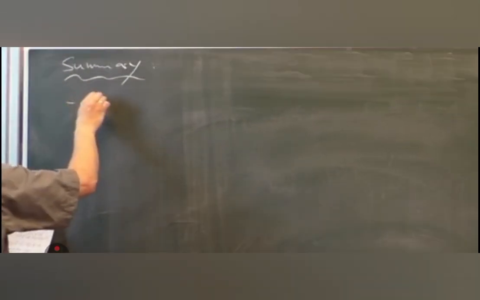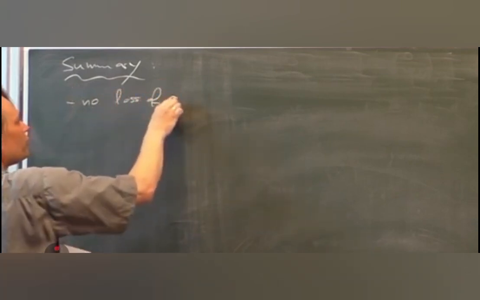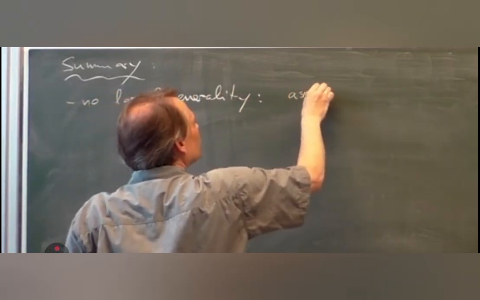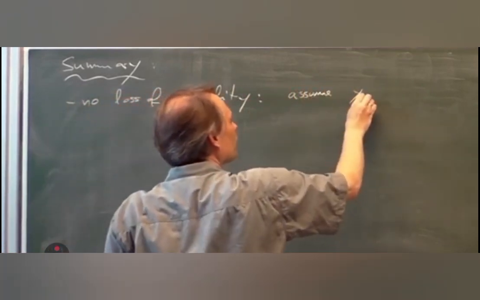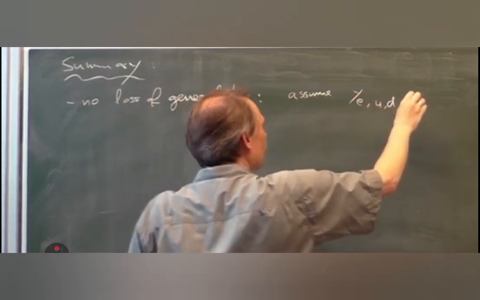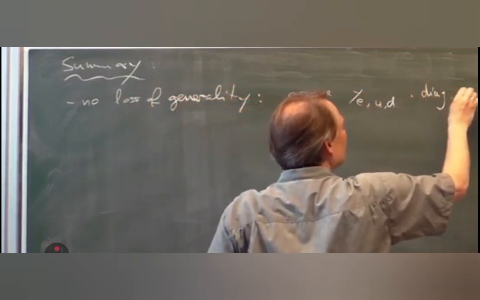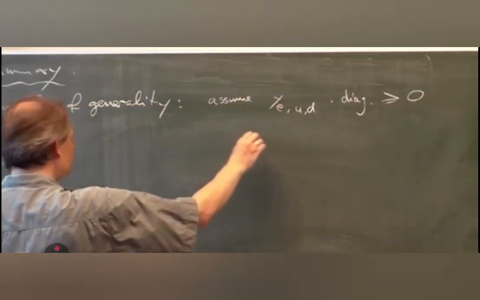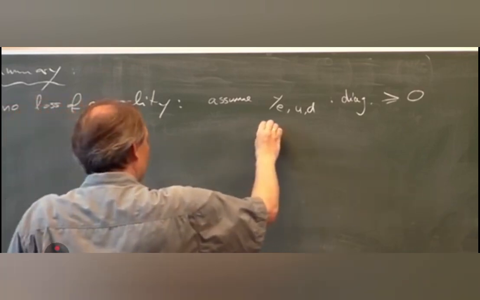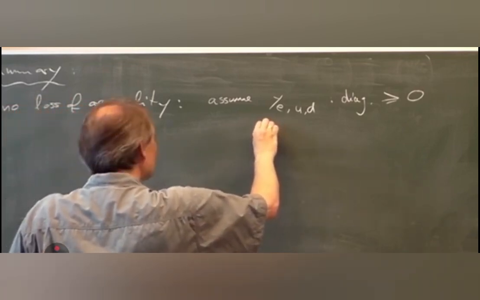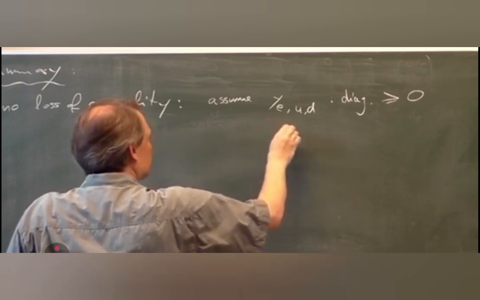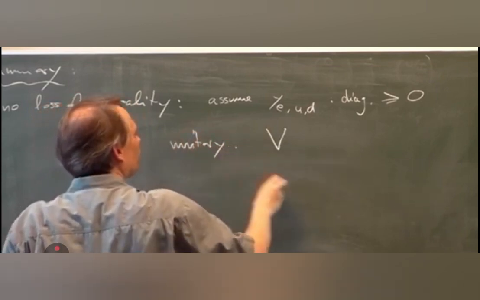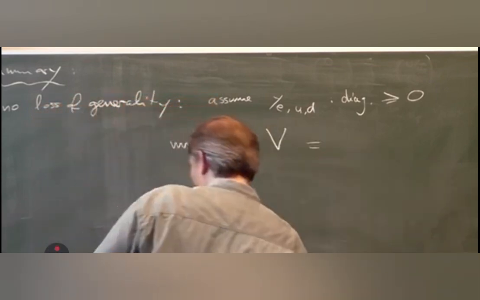So without loss of generality, we can assume that the unprimed Yukawa matrices Y_E, Y_U and Y_D are diagonal and real and non-negative, and we have a unitary matrix V, which was defined as, how was it defined again?